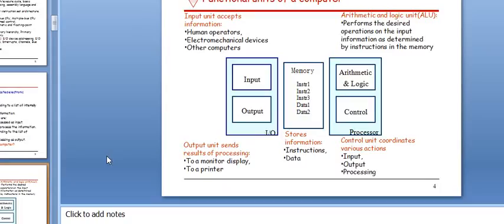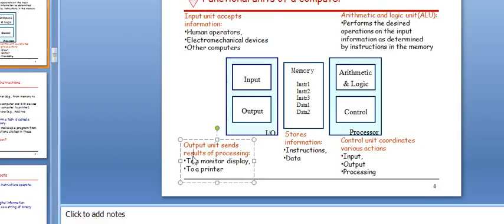These are the units that give input to the computer, which processes that information and provides output through the output unit. The input unit accepts information from human operators, electromechanical devices, or other computers, and the output unit sends the result of processing to a monitor, display, or printer.